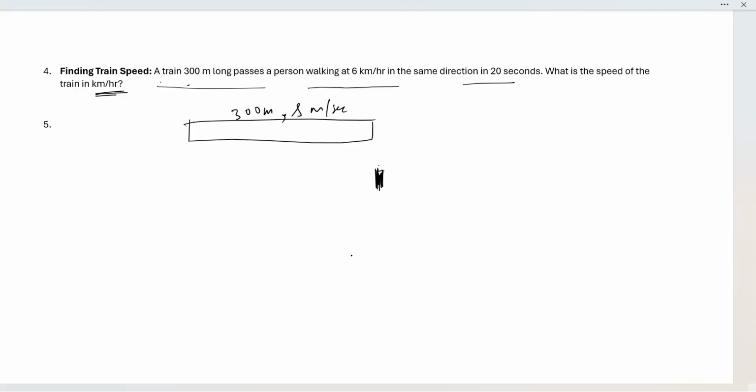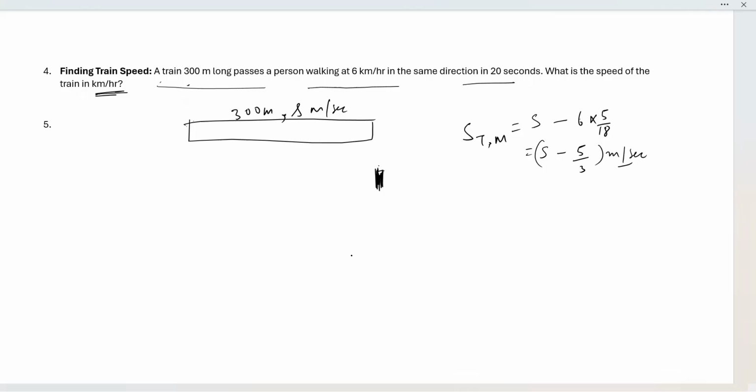So since both of them are moving in the same direction, so relative speed of train with respect to man will be the difference of the speeds, S minus 6. I'm converting into meter per second, so 6 into kilometer per hour, so that will be 5 by 3, which is S minus 5 by 3. This is entirely in meter per second.